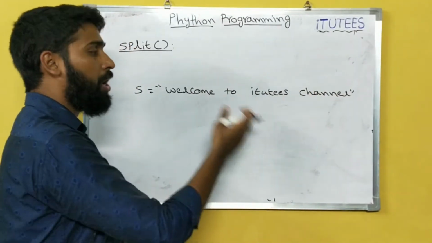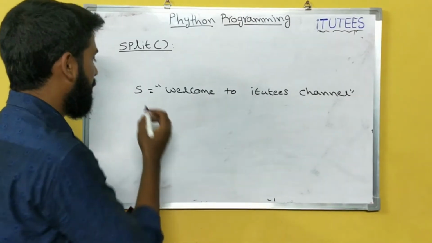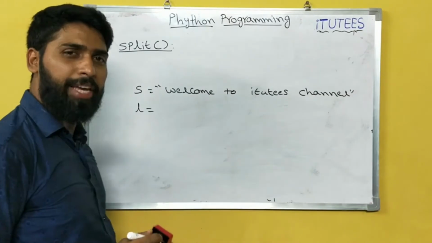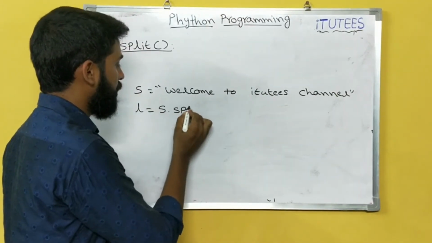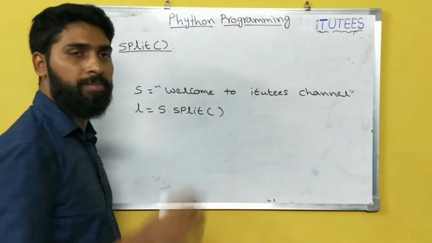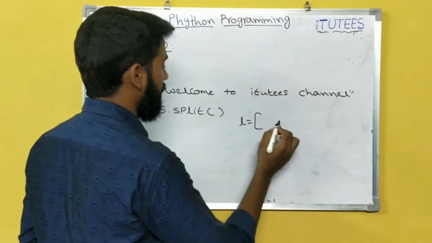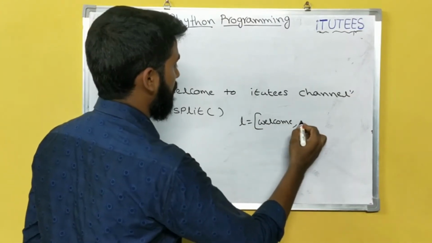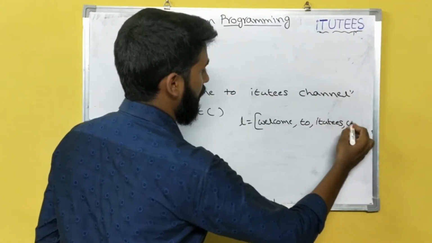And I can store all these 4 substrings in a list. How? L equals to S.split(). That's it. Now, what is L? L is a list. In this list, all the substrings are stored: welcome, to, ITUTEES, channel.